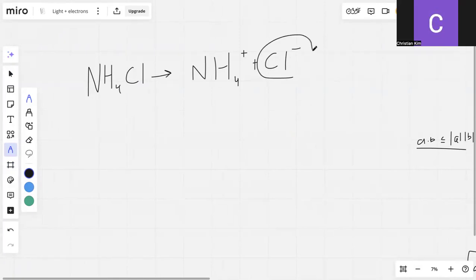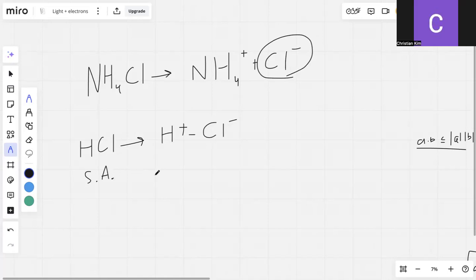The Cl minus is not going to really do anything because the Cl minus is the conjugate base of HCl. I know this because if HCl separates, I get H plus and Cl minus. However, because HCl is a strong acid, that means the conjugate base must always be a weak base.